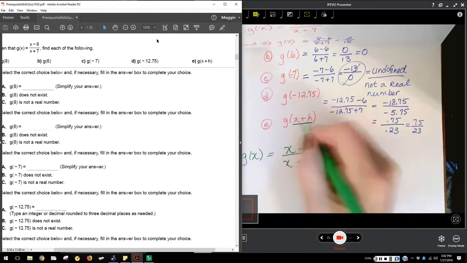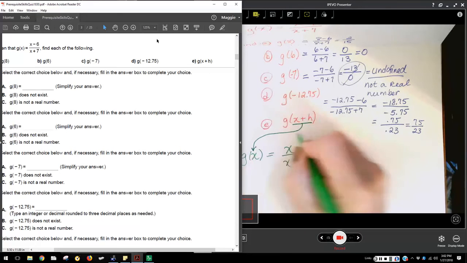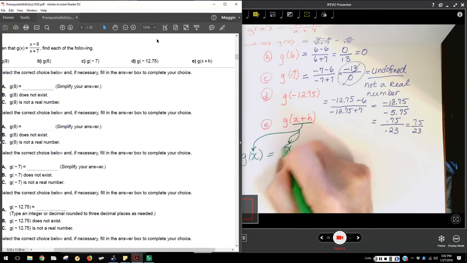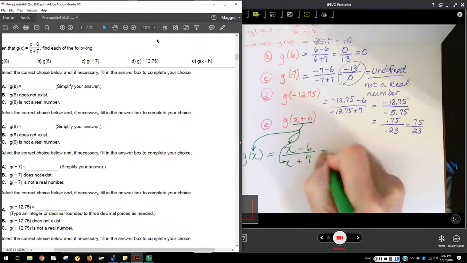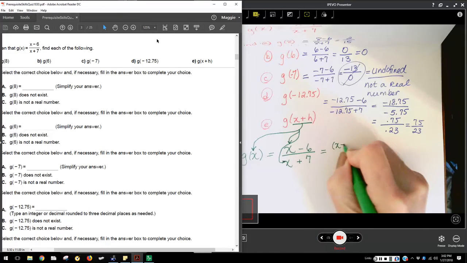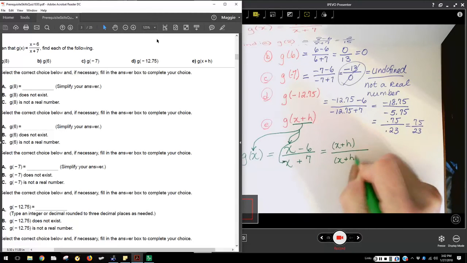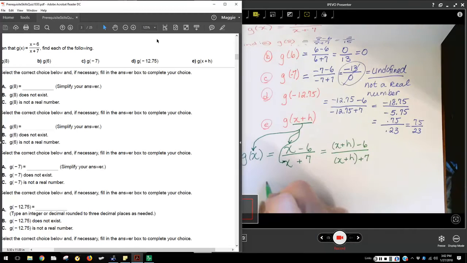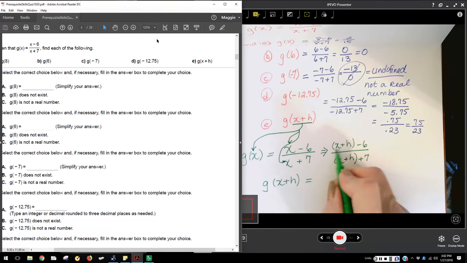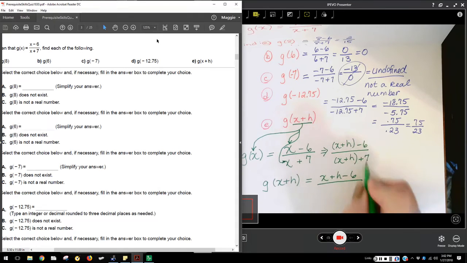And in place of x, I need to plug in x plus h. So g of x plus h is equal to x plus h minus 6 over x plus h plus 7.